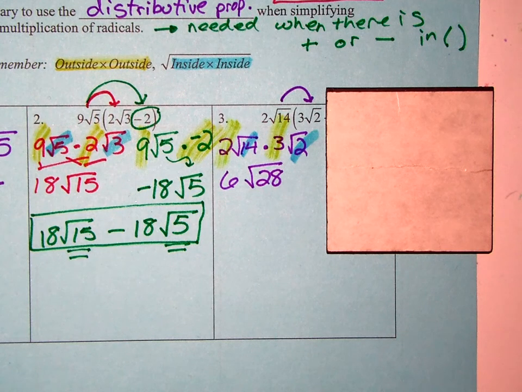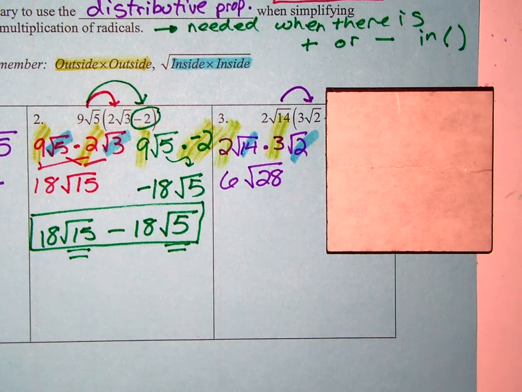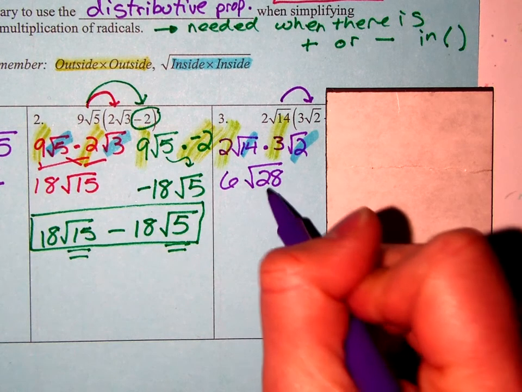Now, 28 is not a perfect square, but you do need to simplify it because there is a perfect square that goes into it evenly. So you should take a moment and try to find that largest perfect square that goes into 28. Well, 25 doesn't work. 16 doesn't work. 9 doesn't work, but 4 does.